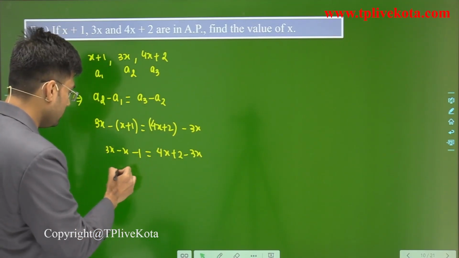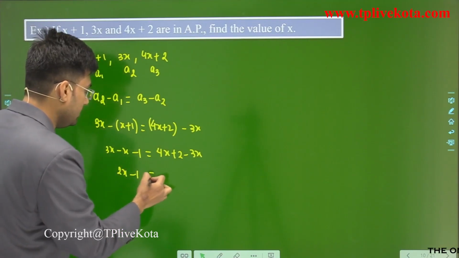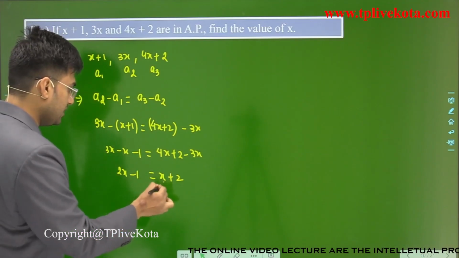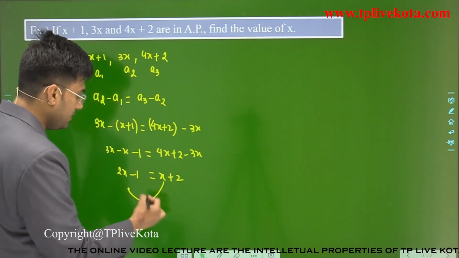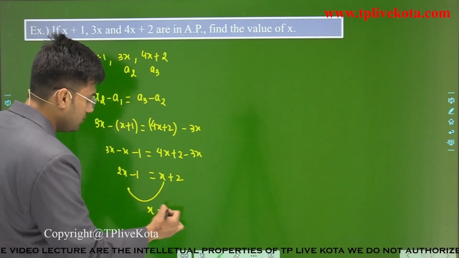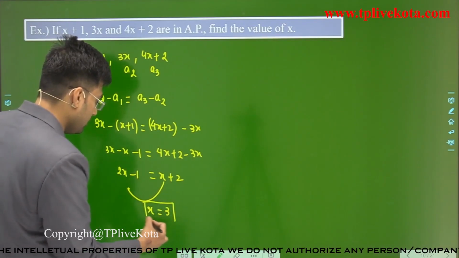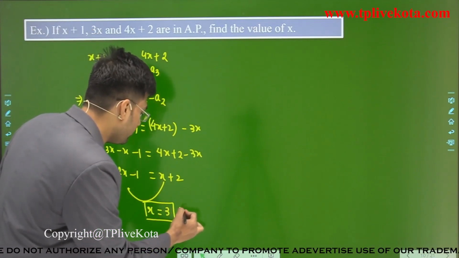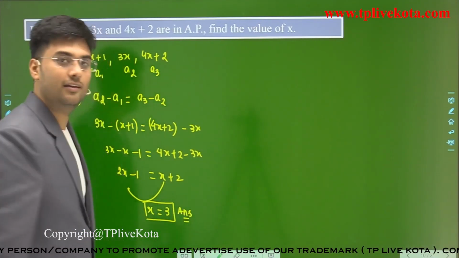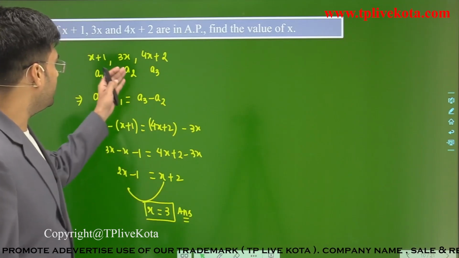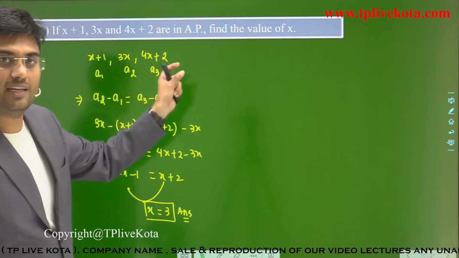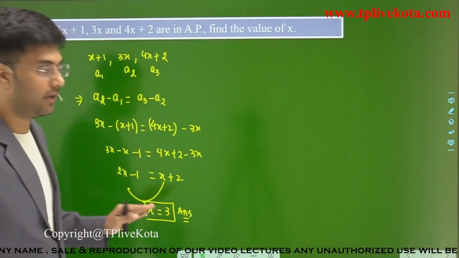So when we solve this, it is 2x minus 1 and x plus 2. So when we transfer this x to that side, then what will we get? X is equal to 3. So this is the answer of this question. Clear? So students, by using the property of common difference of arithmetic progression, we find the value of x here.